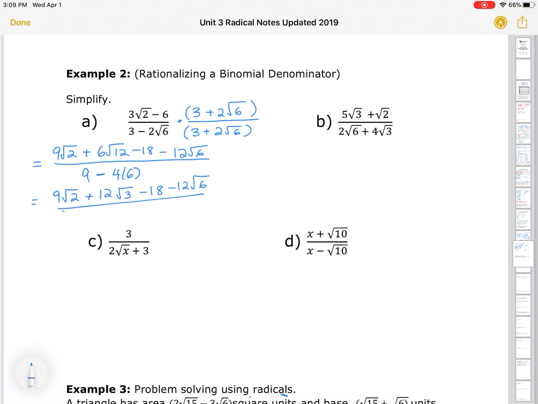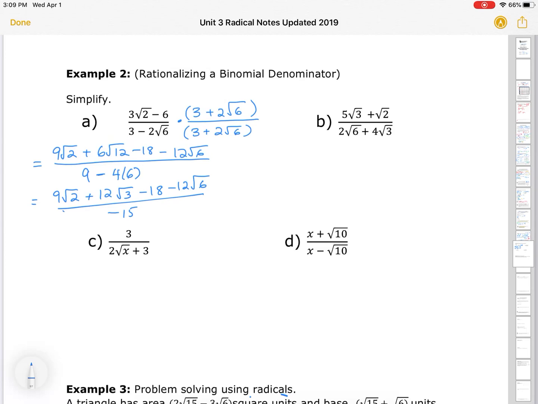Minus 18, and then 12 root 6 is in simplest form. On the bottom, 4 times 6 is equal to 24, so 9 minus 24 is minus 15.